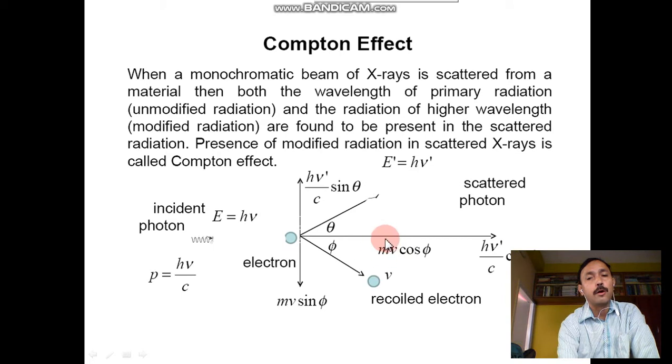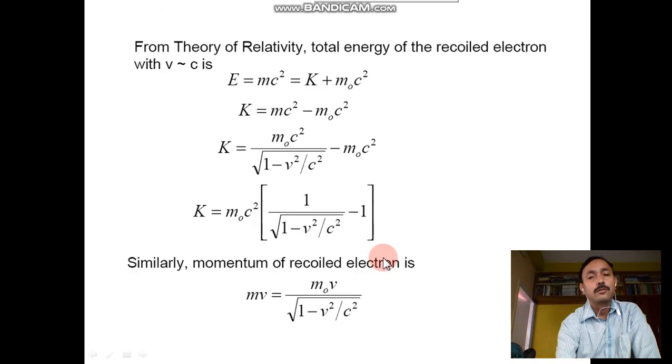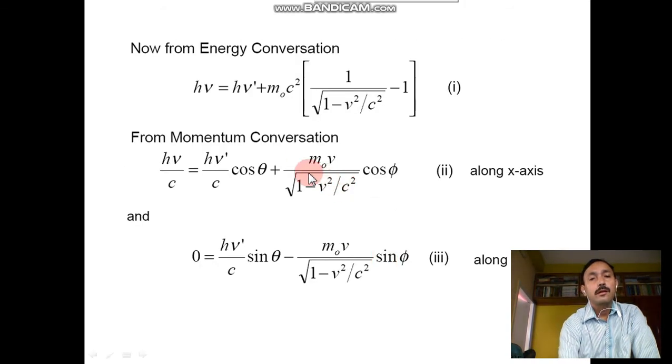We have to put the value of m is equal to m naught by root over 1 minus v square by c square. So come to this slide. So this is cos theta for the scattered photon and this is mv cos phi. So putting this value, mv means m naught v by root over 1 minus v square by c square cos phi.